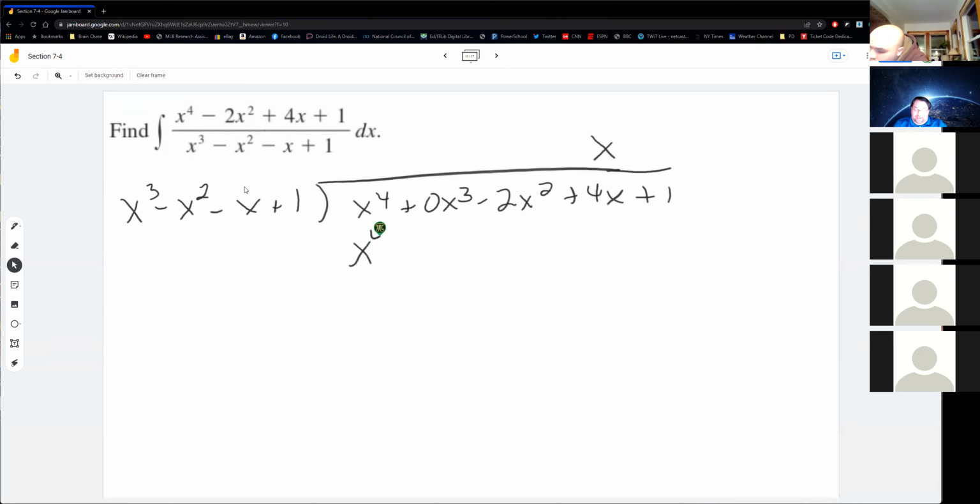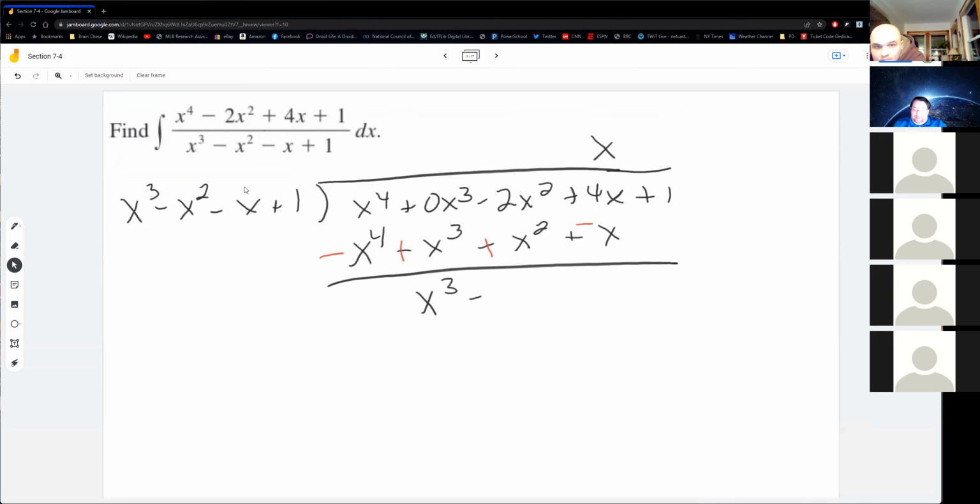So then I multiply: x to the fourth minus x to the third minus x squared plus x. Change all my signs. So I get x to the third minus x squared plus 3x plus.